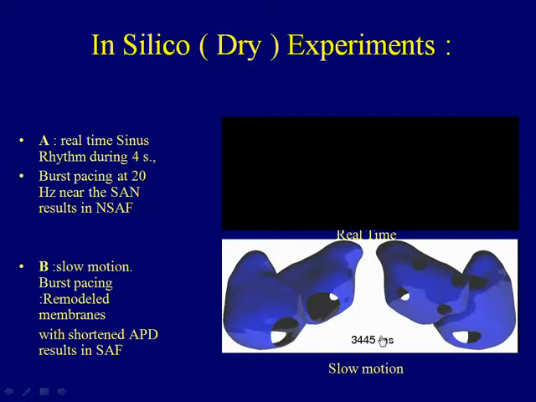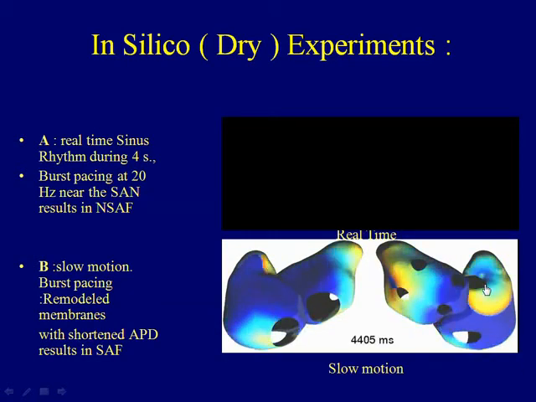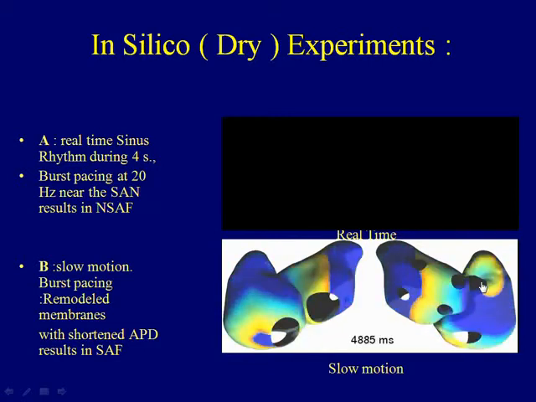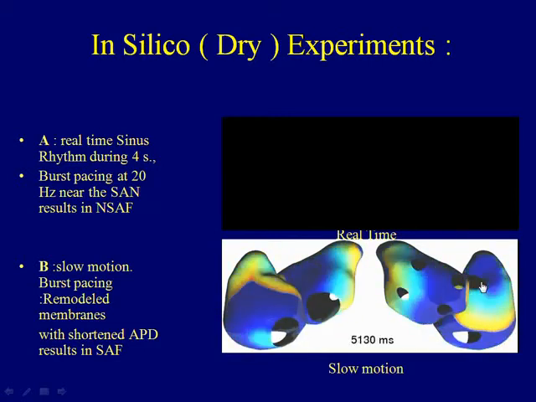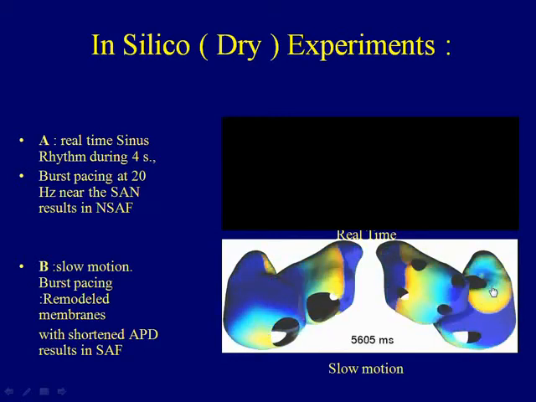Here are 300,000 cells, and in each cell, 16 different channel properties are calculated. Now you see that suddenly this focus near the sinus node is starting to burst. It's a high-frequency activation of the atrium, as it can happen after an excessive alcohol consumption.